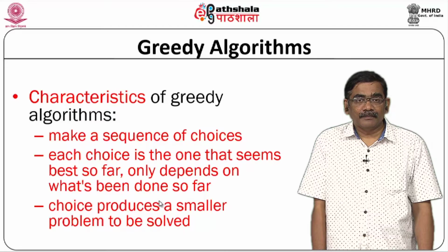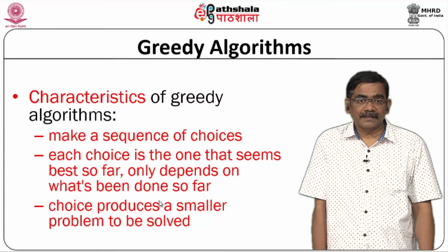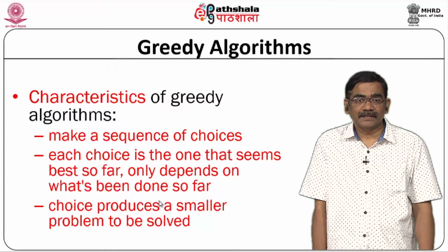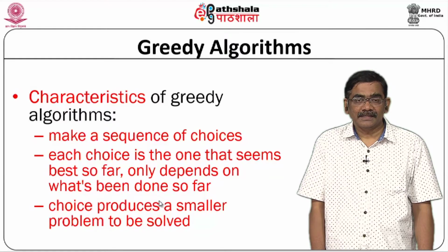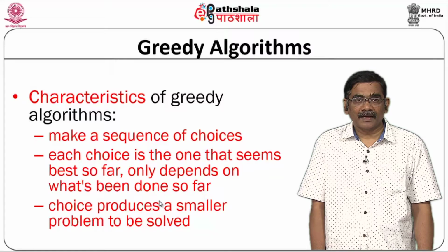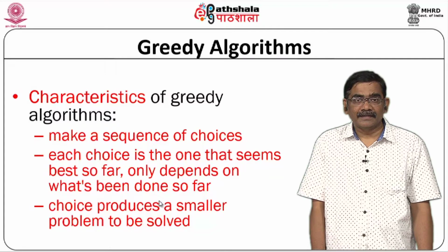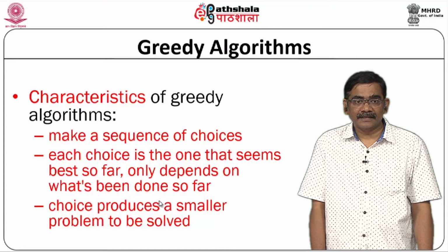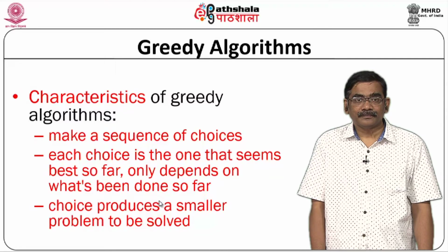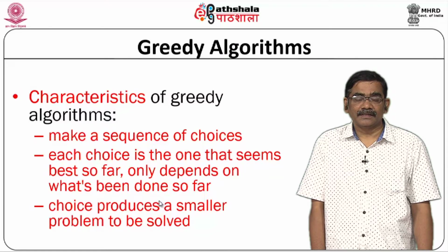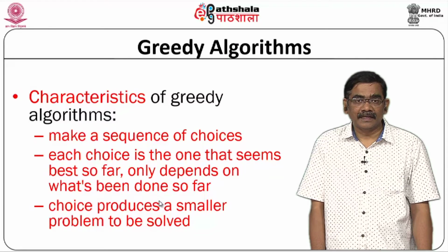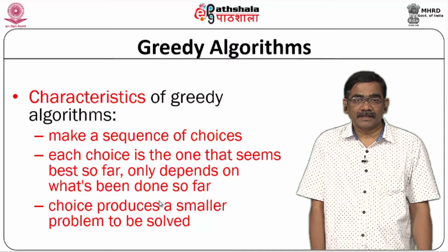There may be multiple choices. All the choices form a sequence of choices. That means, I have to take a decision at the various stages. Then each choice should be the best choice. This is how the name of the greedy approach evolved.